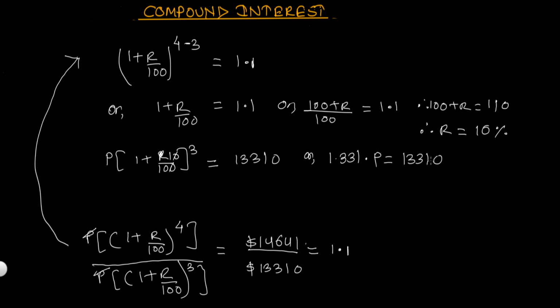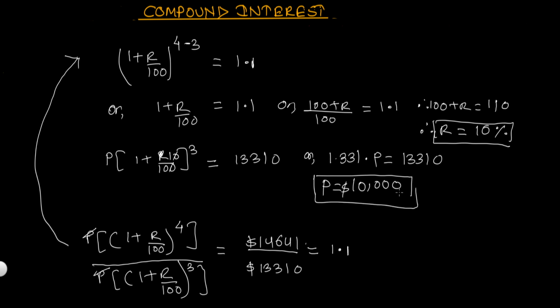On dividing both sides by 1.331, we get the value of P as $10,000. So eventually we get the value of R as 10% and the value of P as $10,000.